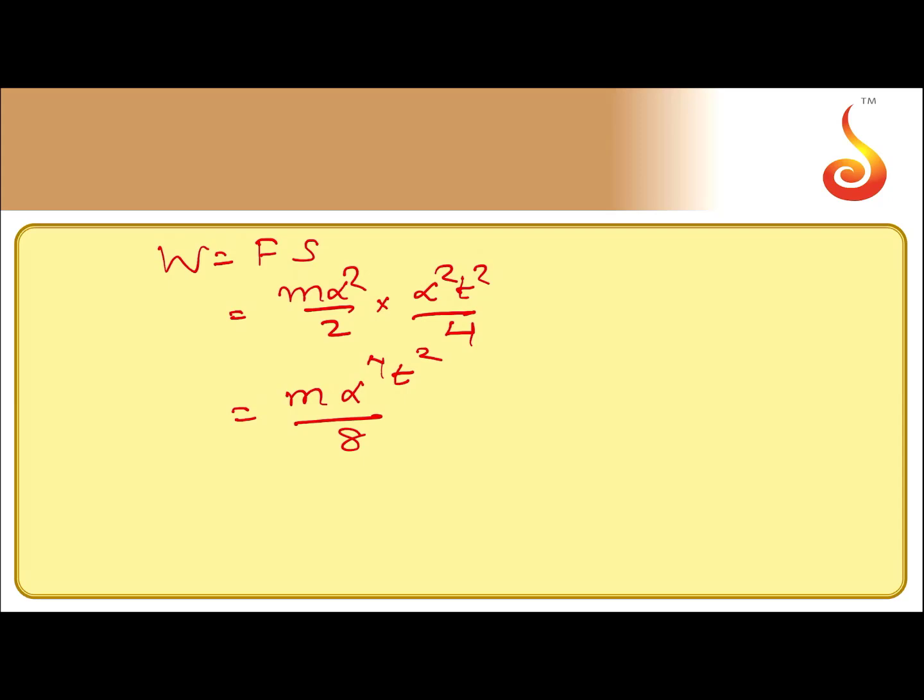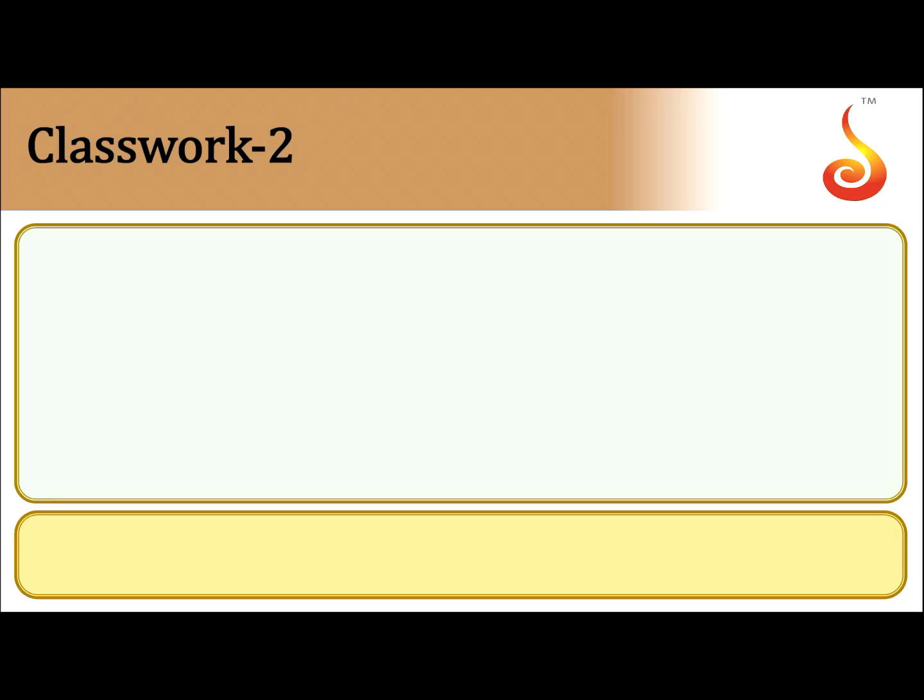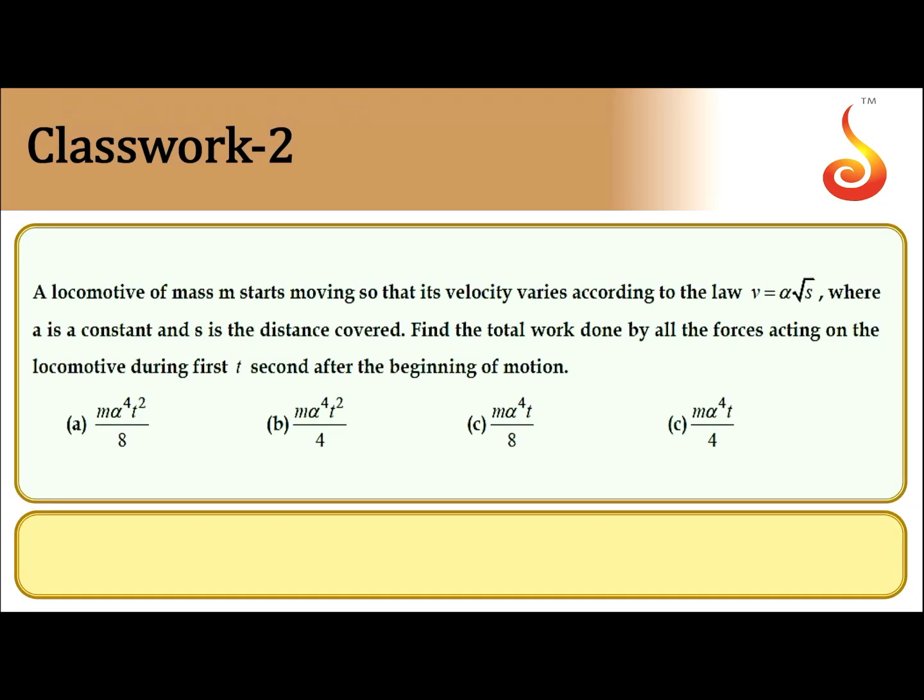So m into alpha to the power of 4 into t square divided by 8. So which is our correct option? M alpha square t square, m alpha to the power of 4 t square divided by 8. A is our correct option.